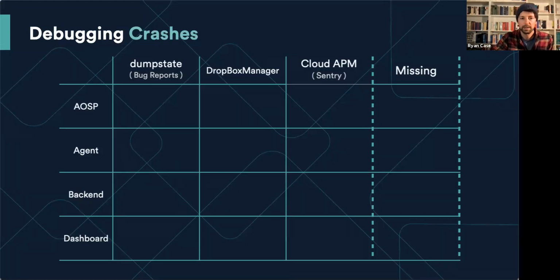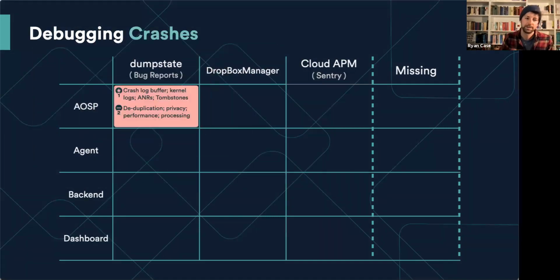In the case of crashes, we'll start with bug reports again, because that's frankly the tool we see most commonly used for collecting crashes. And bug reports, I would say, are actually not a good fit. Just my opinion. It might be a little controversial because of those same things we talked about before, the performance and privacy and processing issues, in addition to some deduplication issues.